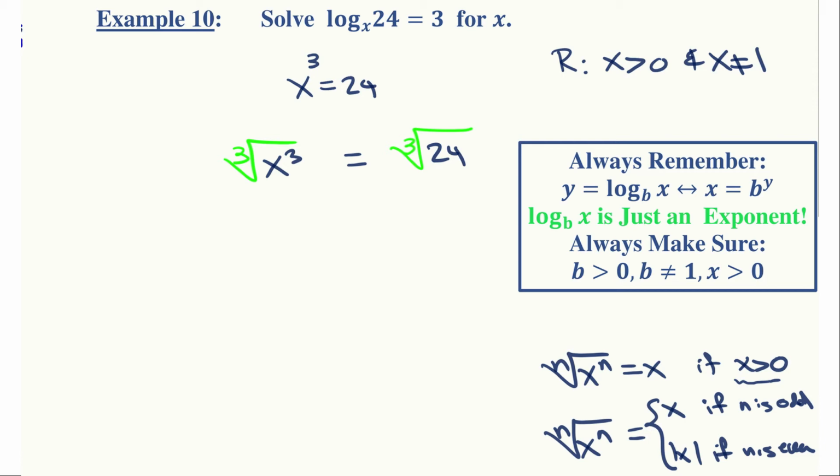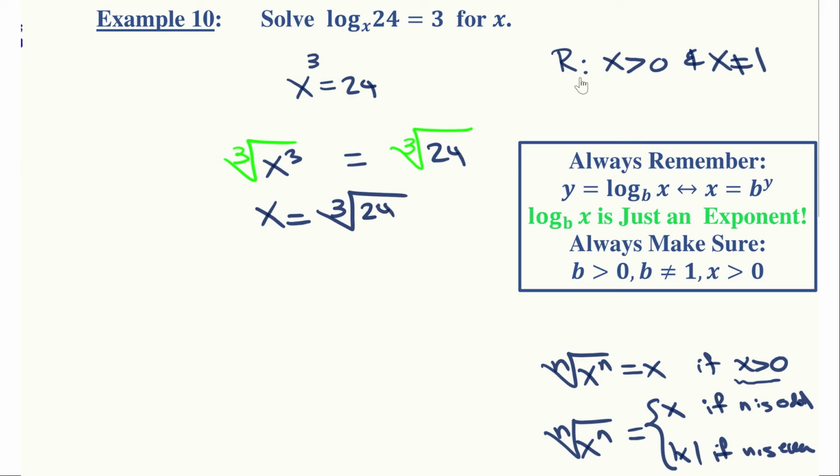But given that x is positive, we don't need to worry about this more complex definition, and we can just use the simple version which says the nth root of x to the n equals x. Of course, even if we were to worry about it, we would still be okay because we're dealing with an odd index. So we end up with x equals the cube root of 24.